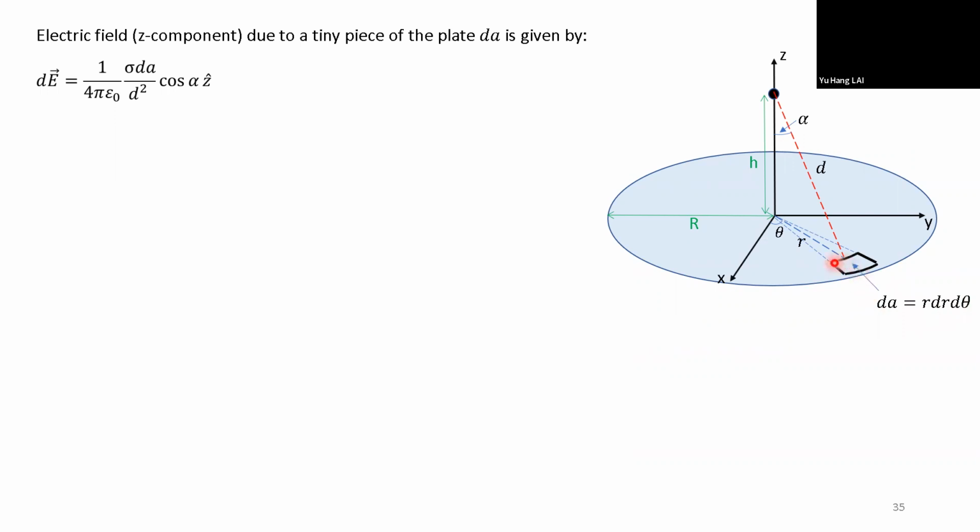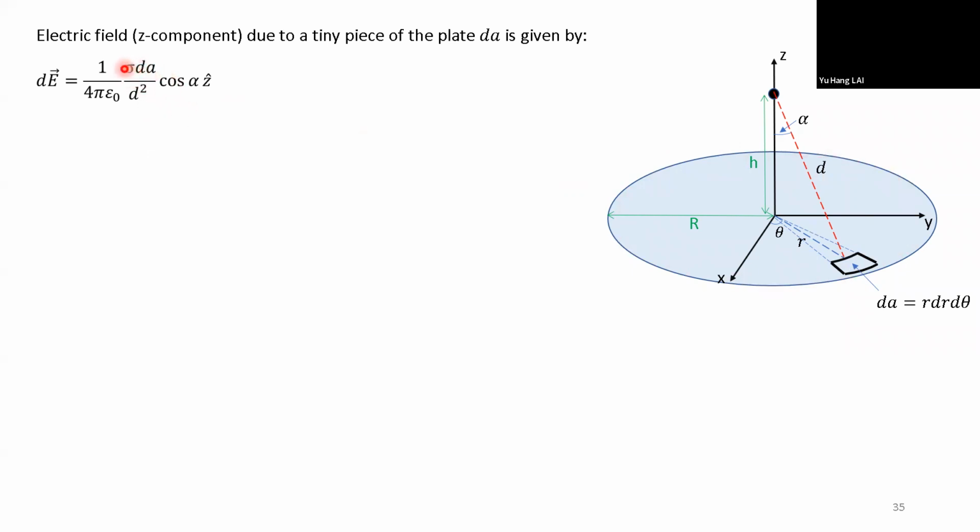So in this small region, I have some tiny amount of charge, which is dA times the charge density. What is the charge density? I just write it as sigma, and that's simple. Sigma is just the capital Q divided by the entire area of this plate. But anyway, sigma is just a constant.